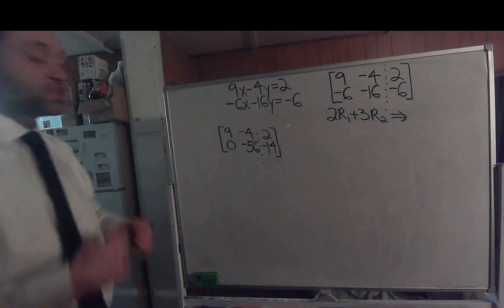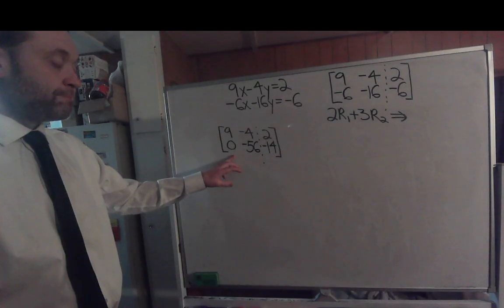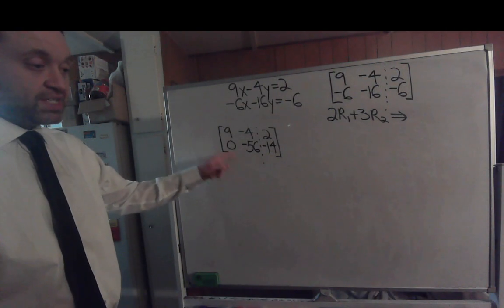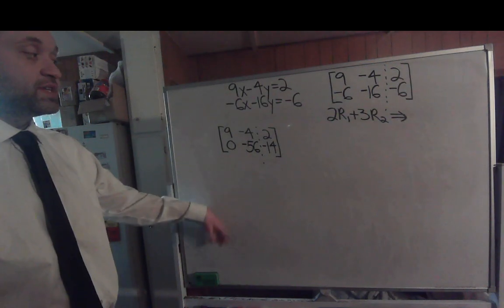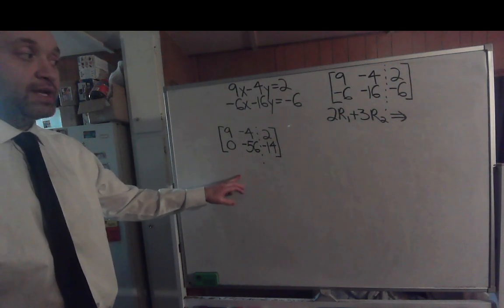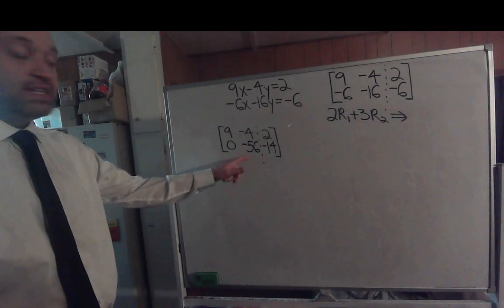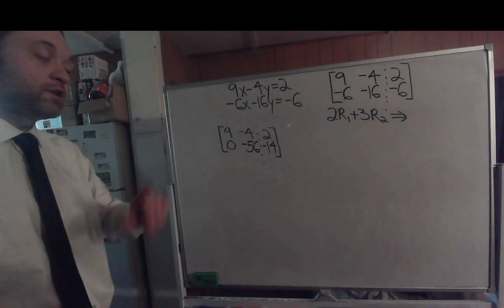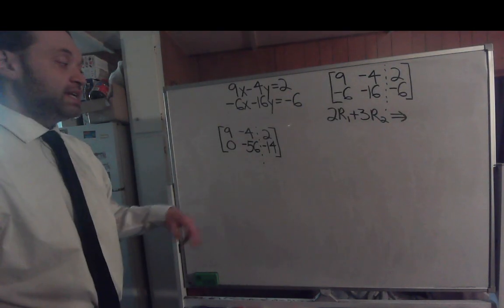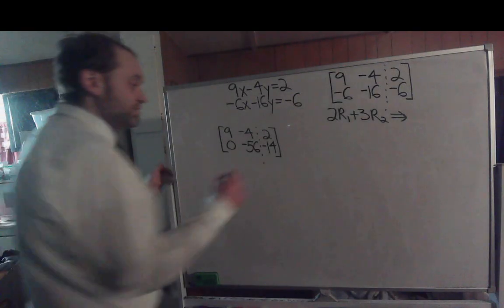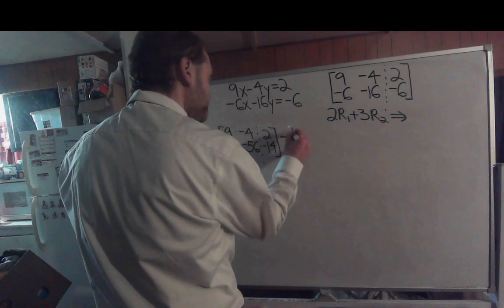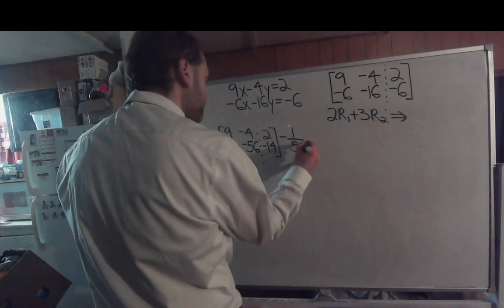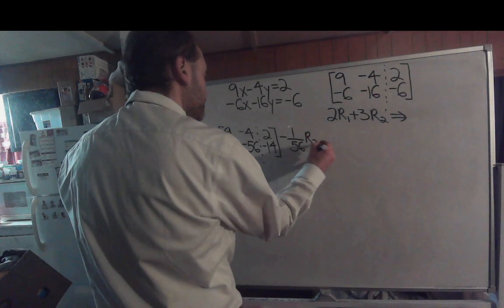All right, it's great that we have a 0 in the second row as our first number, but this is still not in row echelon form yet because the leading digit is negative 56. It needs to be positive 1. So that means we need to take negative 1/56 of the second row, and we can form our new matrix.